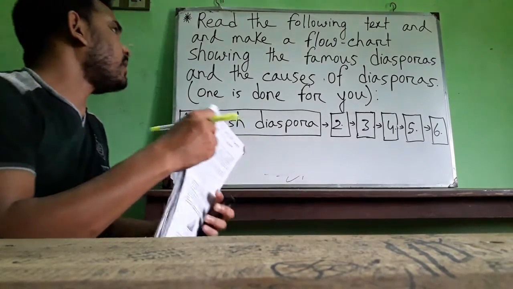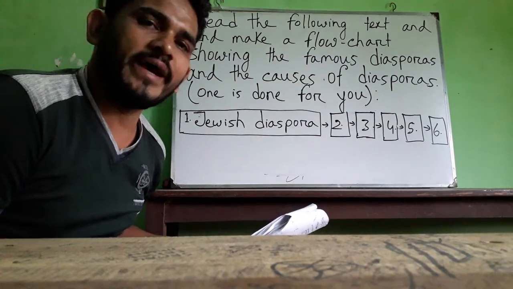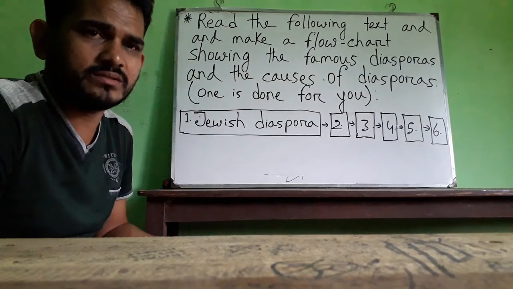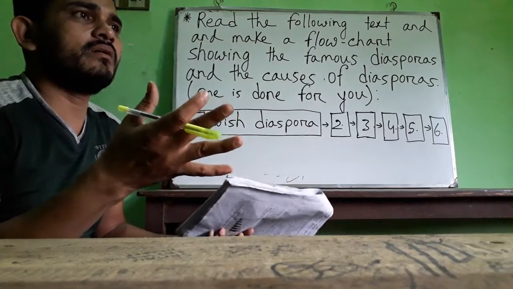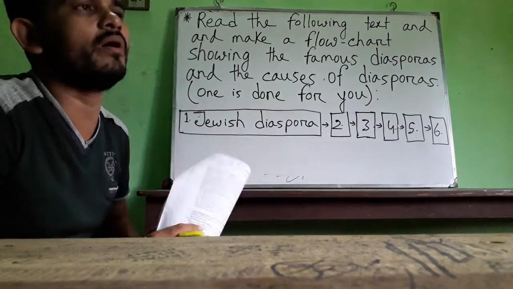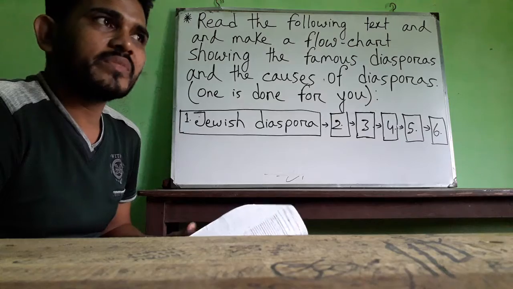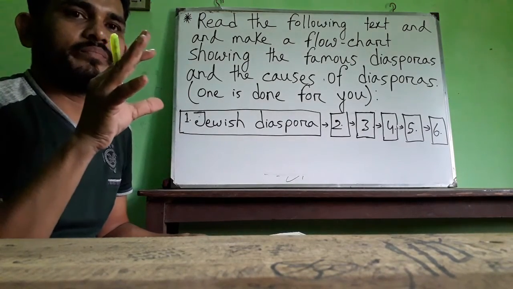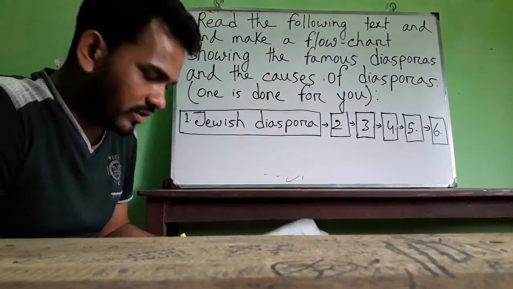So my dear students, from this passage we came to know what is diaspora, who are diasporas, what the scholars of the world think about diaspora, what are the reasons of diasporas, and the causes of diasporas.